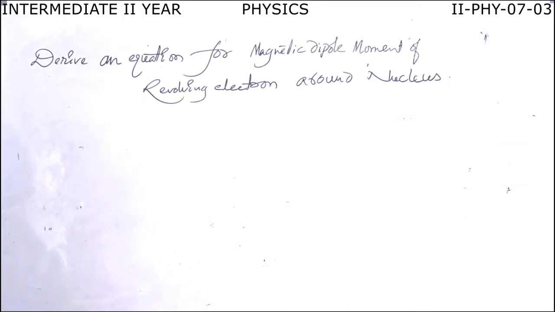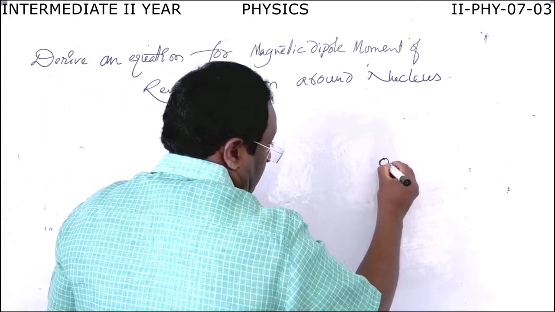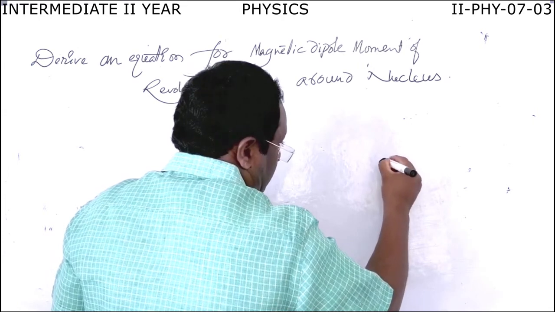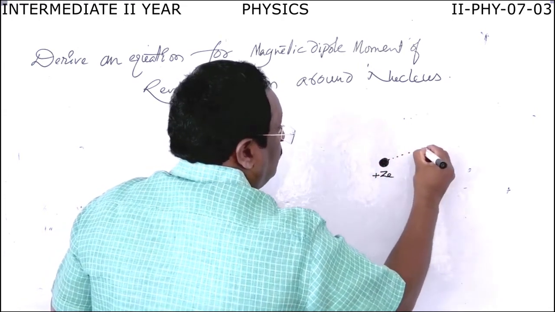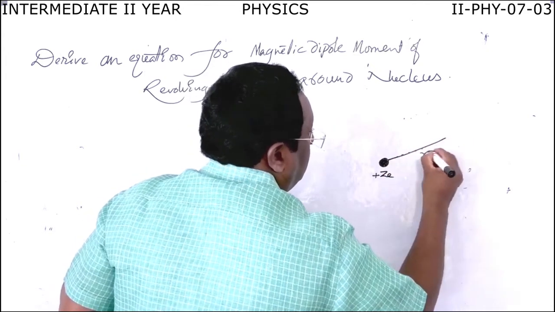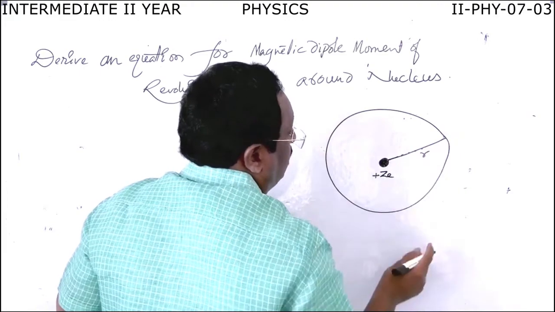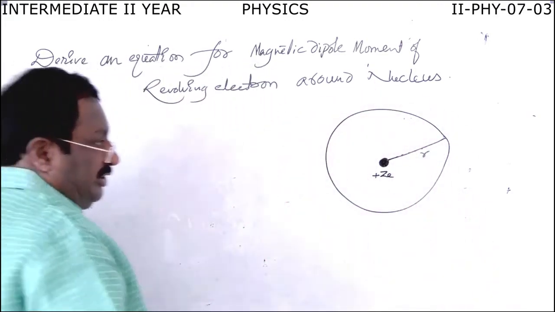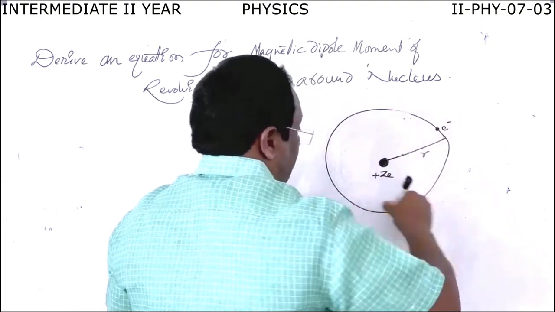So let us consider an electron revolving in a circular orbit of radius r. So this is the nucleus, and this is the circular orbit. In this orbit, one electron is revolving.